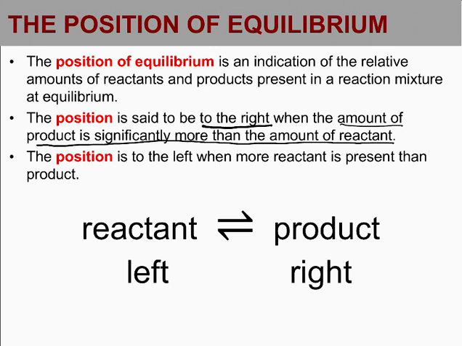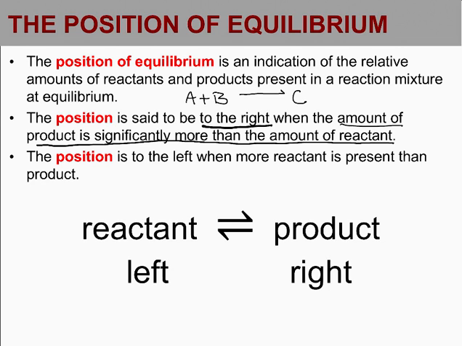Let's say we have a reaction of A plus B becoming C, and this reaction loves to produce products. We could draw the arrow going in the forward direction as being really long to indicate that is the favored reaction.